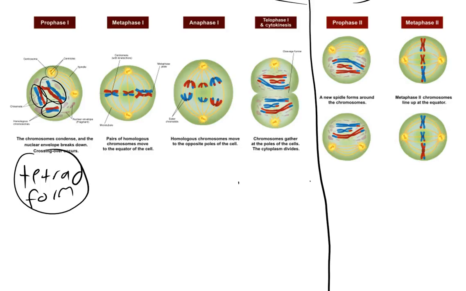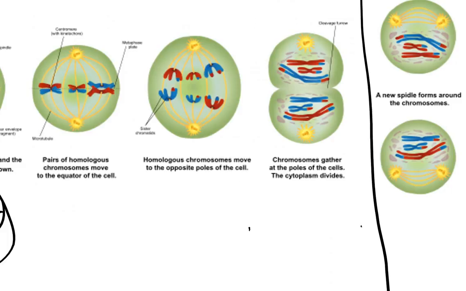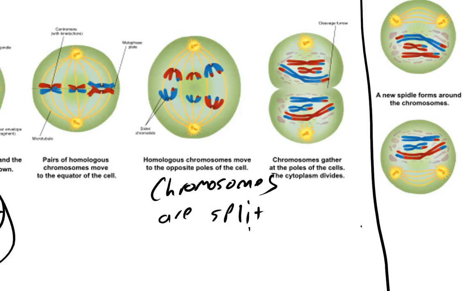And then anaphase happens. What's really important in anaphase is that we see the tetrads are split. But that's obvious in the picture; what's more important is that the chromosomes are split or separated. And why is that so important?